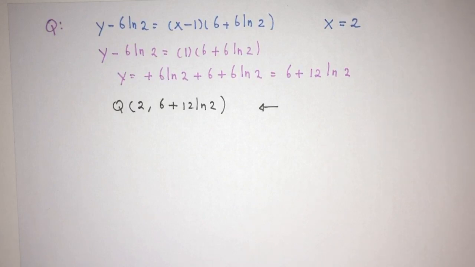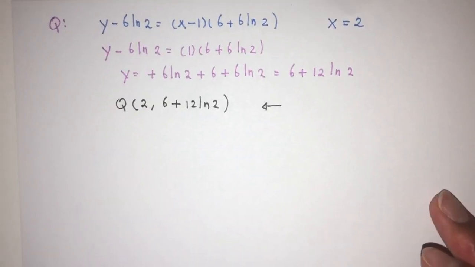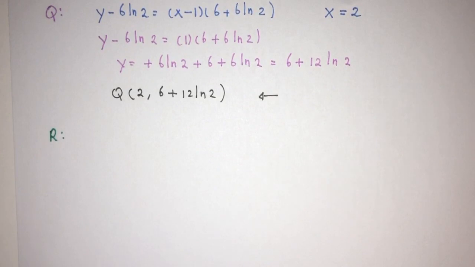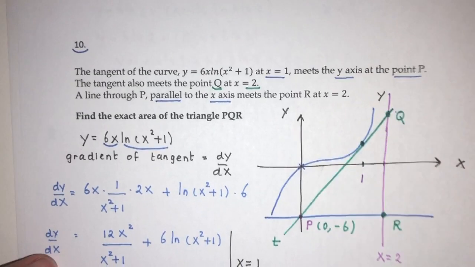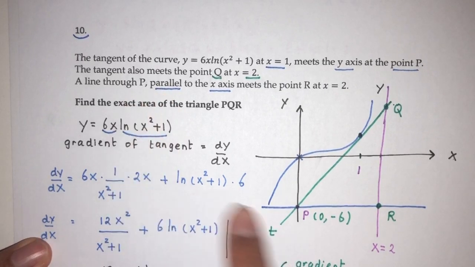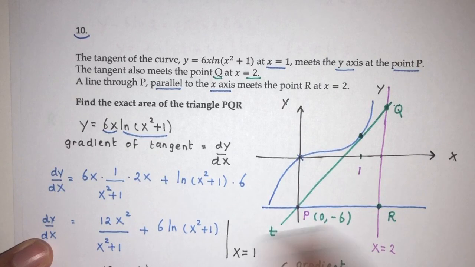Now finally, we have to find the point R. Should be pretty easy if you observe. According to the question, the point R is on the line through P, a horizontal line passing through P. So what is that equation?